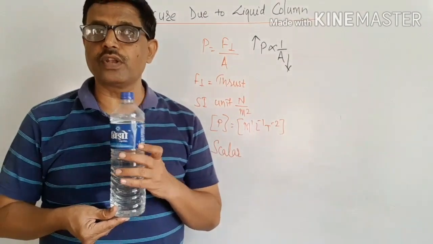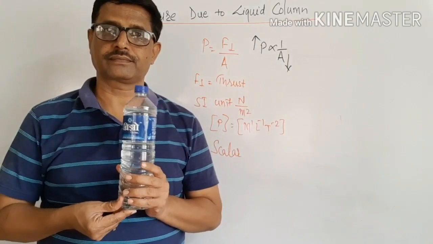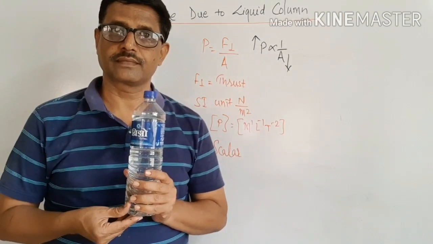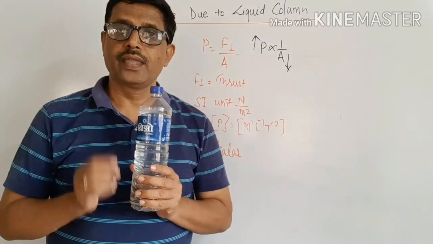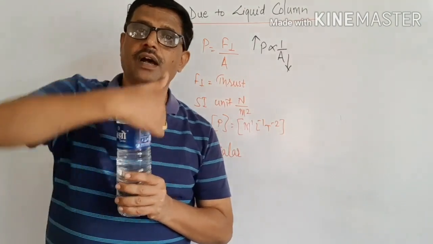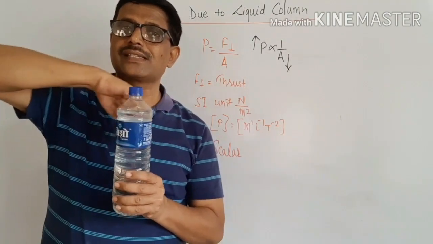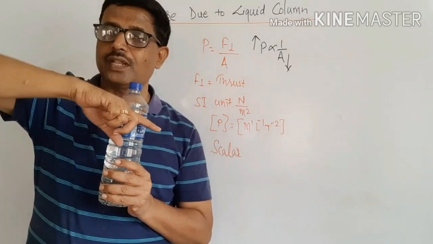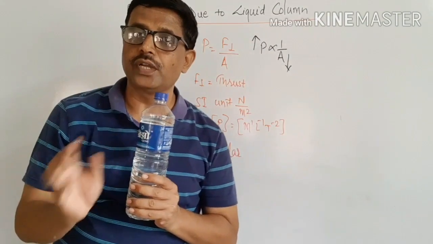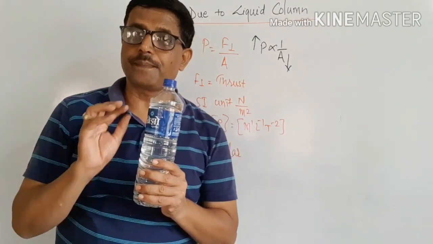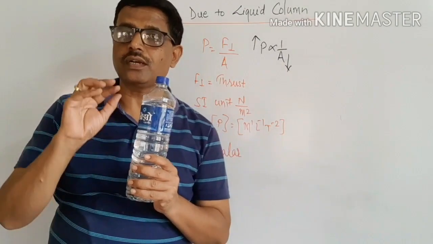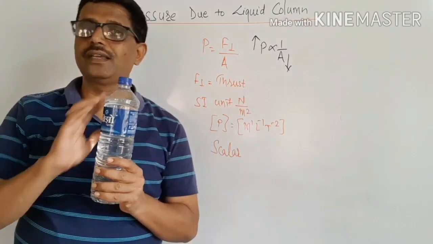This is a bottle full of water. If I pierce a hole on any side of the wall of this bottle, the water will come out because the pressure is exerted by the water on wall of the container.